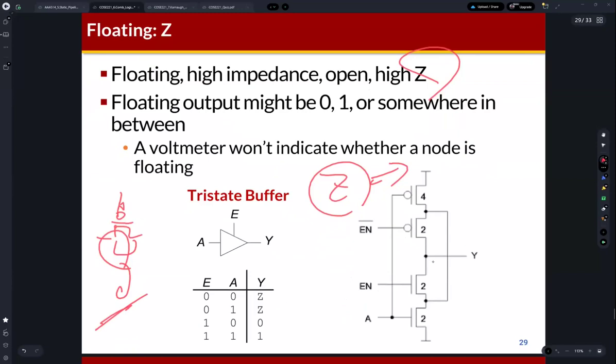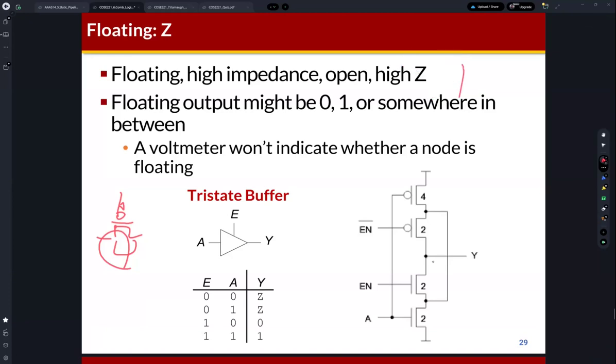Okay. So another case in the circuit is floating. Floating means that a certain node of a circuit is disconnected. So sometimes there's a switch, right?